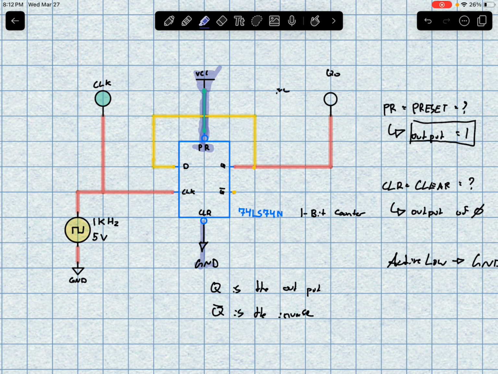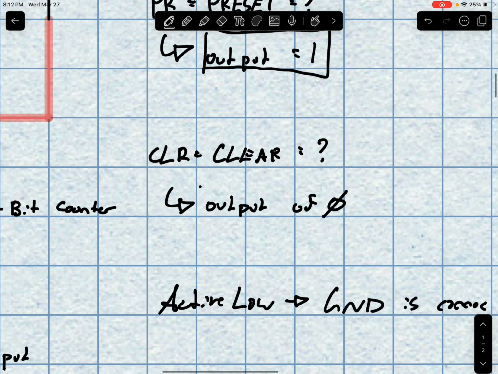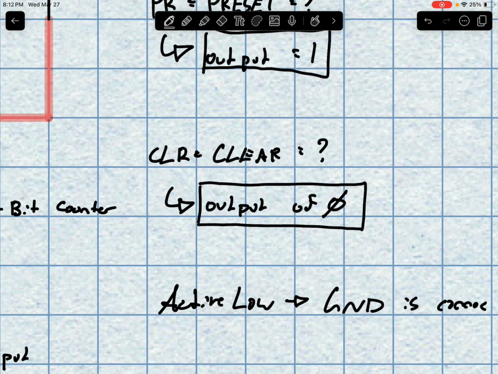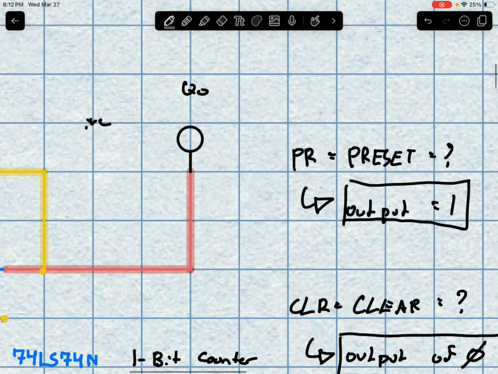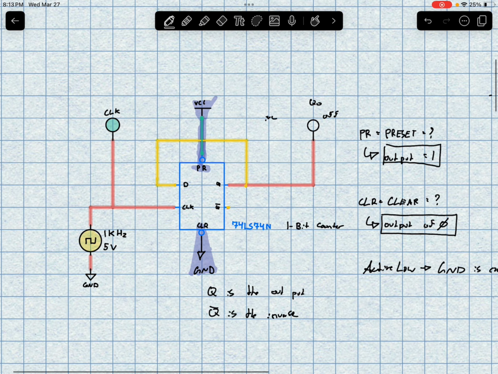Ground here, aka clear. So what will happen instead? What does clear mean? Clear means an output of 0. It overrides the output, and this will forever stay off. Unless you change the wiring, of course, or you do some sort of black magic. So that's a little review for the 74LS74N chip.